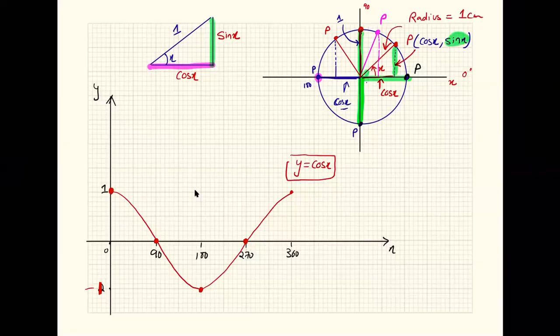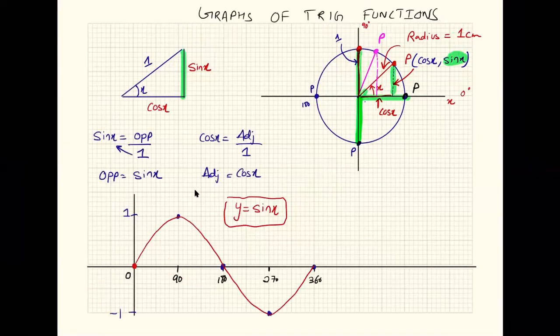Now these graphs, the sin x graph and the cos x graph, are known as periodic functions. Sine and cosine functions are called periodic functions because they repeat themselves over and over again. They are not restricted to 0 till 360 degrees. They can go beyond 360 degrees to further angles, and even travel to negative angles.